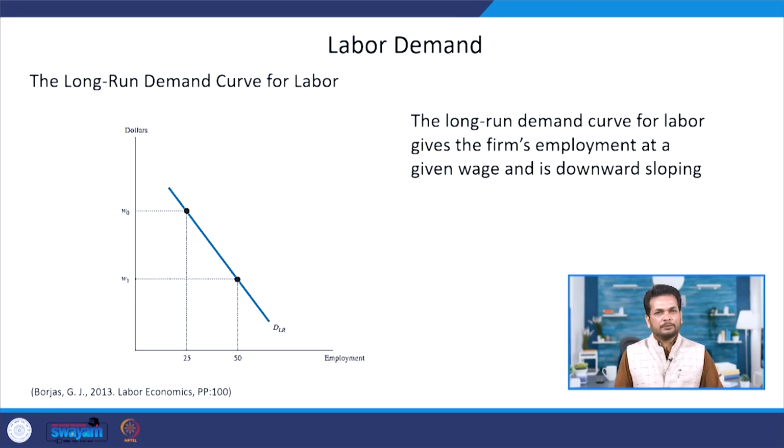In general, a wage cut can either increase or decrease the amount of capital demanded. So, if you draw the relationship between the decline in the wage and the amount of employment in the long run, you will find that a decline in the wage has increased the employment from 25 to 50. So, the long run demand curve for a farm is always downward sloping.